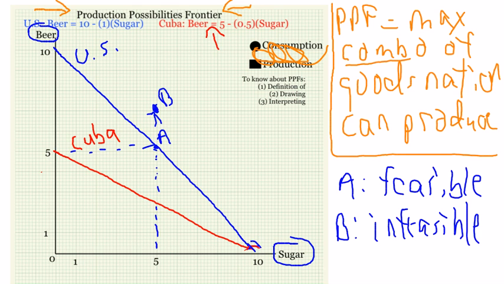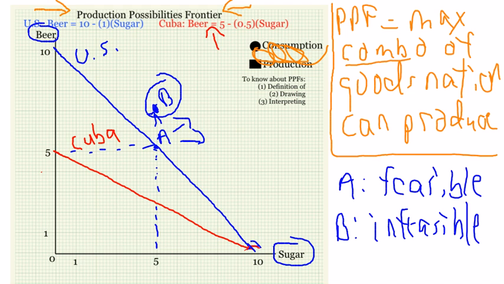This is important because we're going to see later that although point A is the maximum amount of beer the US can produce if it's producing 5 sugar, the US can actually consume out here. It can get more beer without giving up any sugar if it engages in trade. Likewise, the US will be able to get more sugar without giving up any beer with trade, and to some degree it can get more of both beer and sugar with trade.